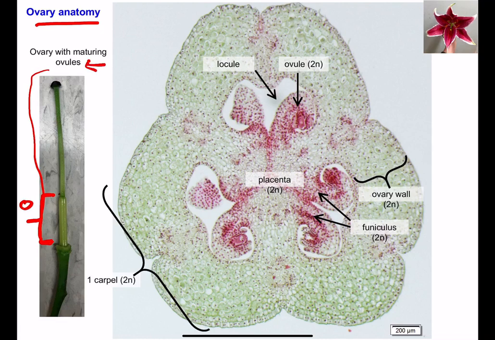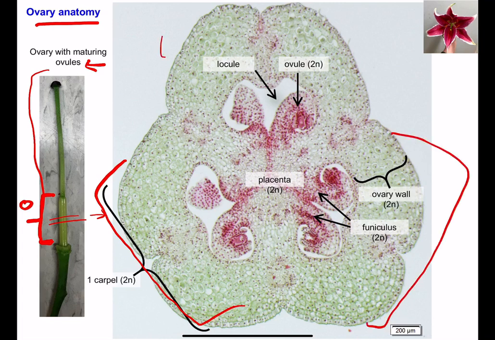So again, I've taken a tiny slice, a cross section through the ovary, turned it on its side, and that's what we're looking at here. We've got 3 carpels: 1, 2, 3.